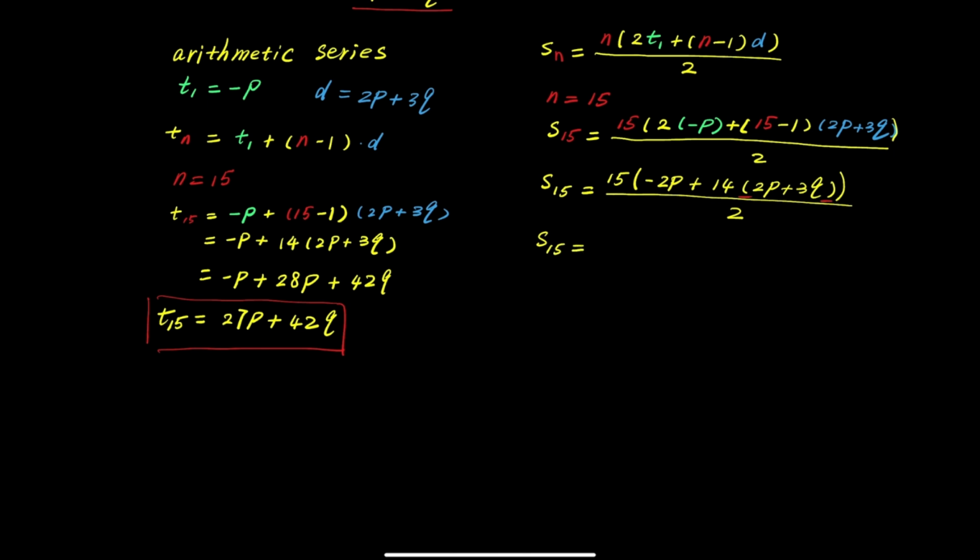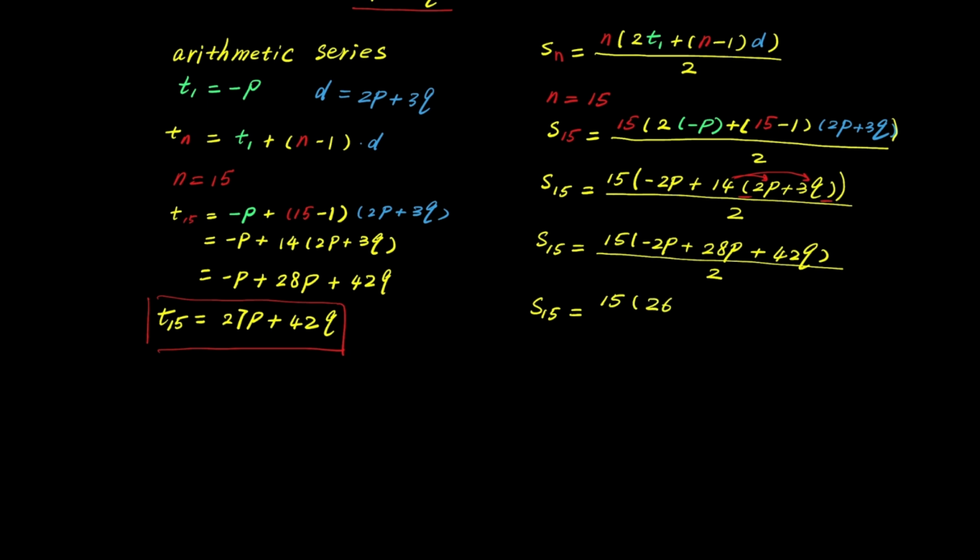S15 equals 15 times (minus 2p plus 14 times 2p equals 28p, plus 14 times 3q equals 42q), then divided by 2. Now let's combine the minus 2p and 28p, which is 26p plus 42q, divided by 2. Now let's remove the last bracket.